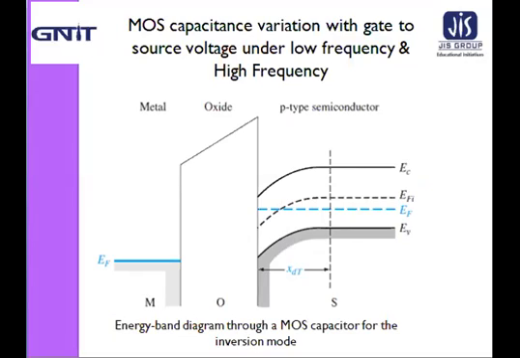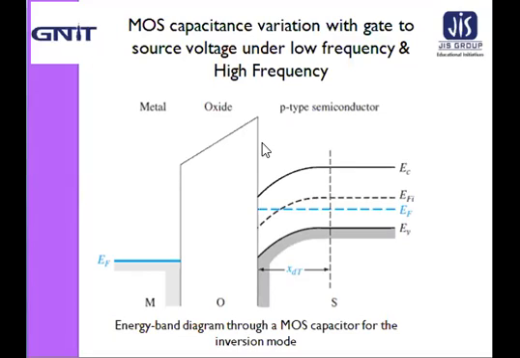The second source of electrons is by thermal generation of electron and hole pairs within the space charge region.